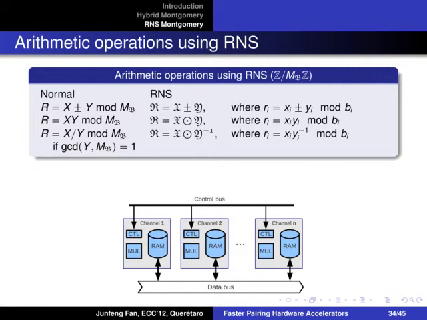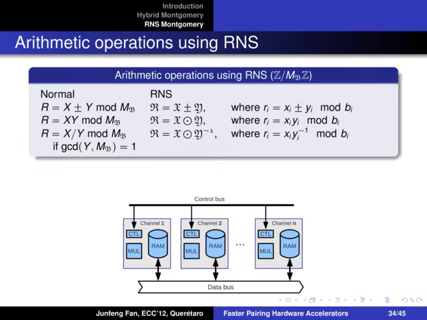So what's good about RNS? The computation on two numbers represented using RNS is completely distributed. For example, if you want to do x multiplied by y, you just do the multiplication in the corresponding channel. Every channel implements the multiplication for one prime in the base.